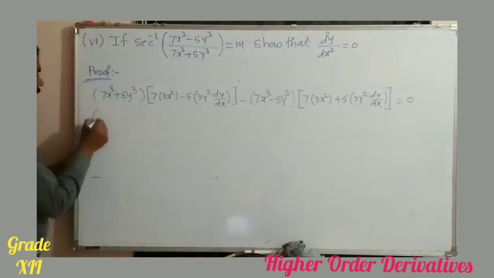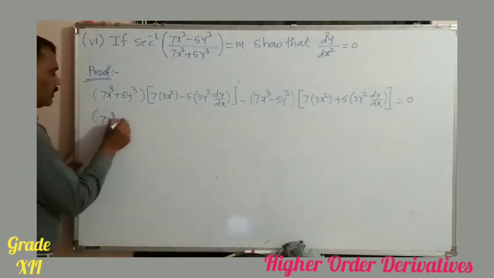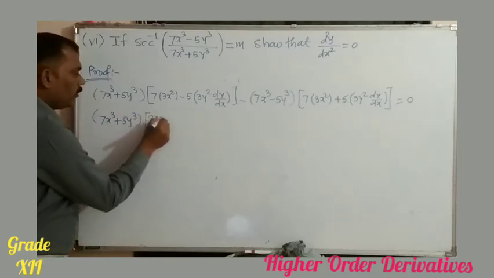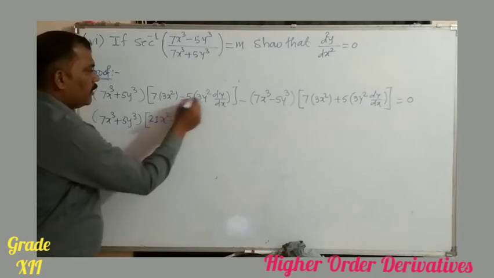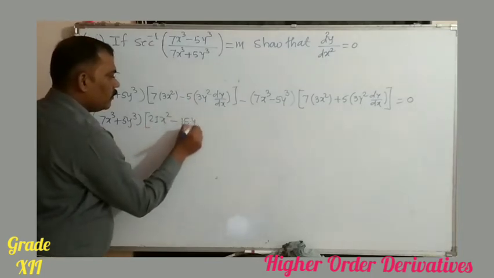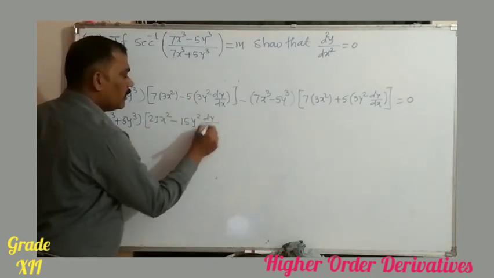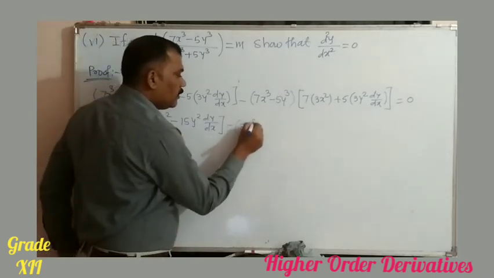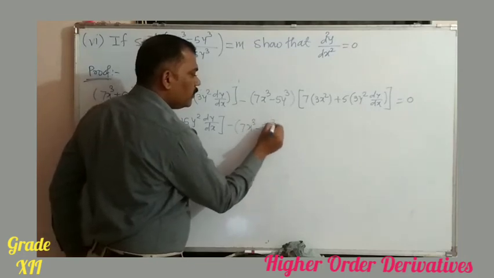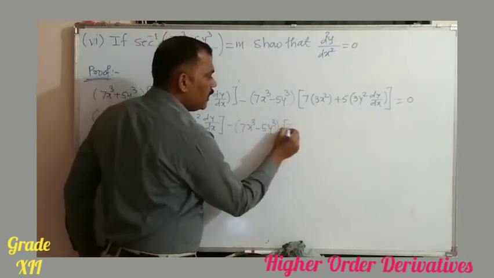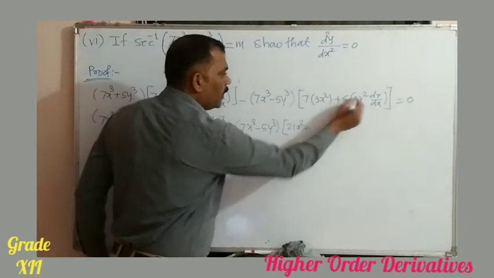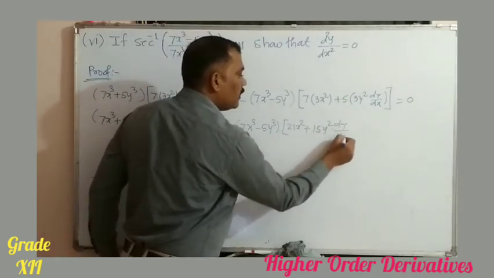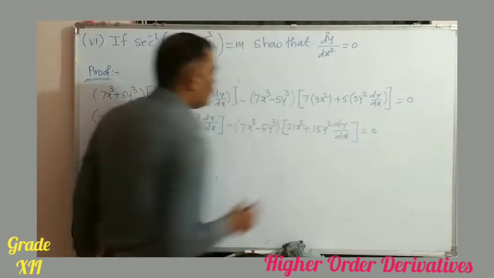See here, (7x³ + 5y³) into 7 3s are 21, 21x², minus 5 3s are 15 y² dy/dx, minus (7x³ − 5y³) into 7 3s are 21x² plus 5 3s are 15 y² dy/dx is equal to 0.